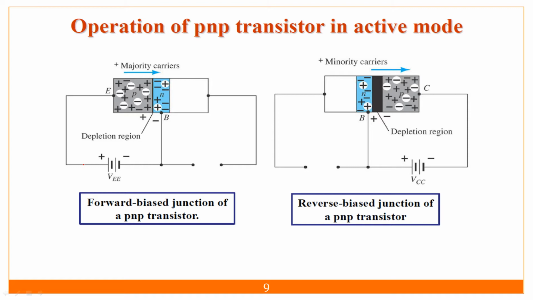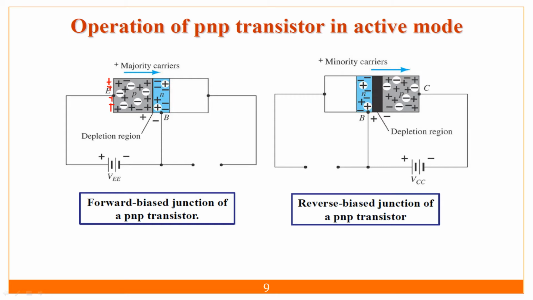Forward bias: if you connect this, you will find the positive supply over here, because we are connecting this with positive. In the p-type, holes are the majority, the positive charge.